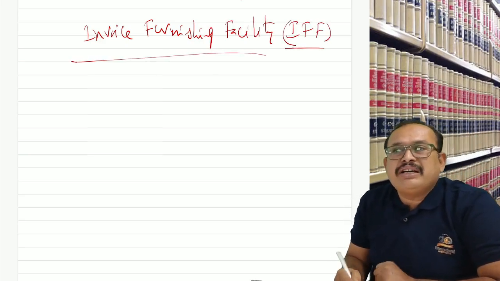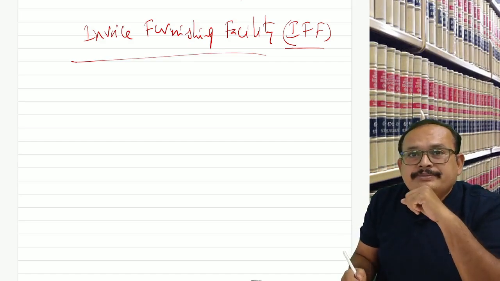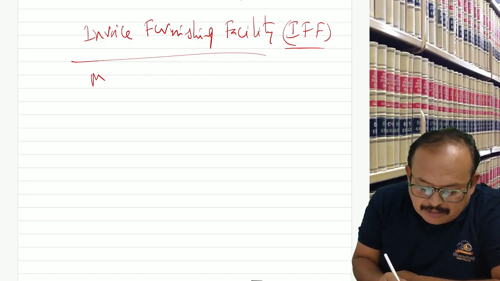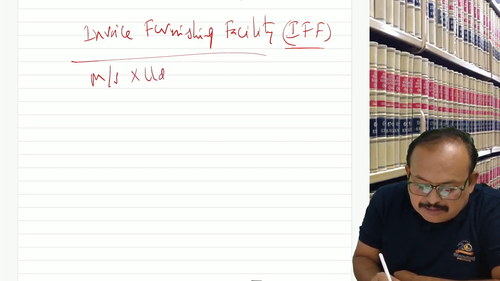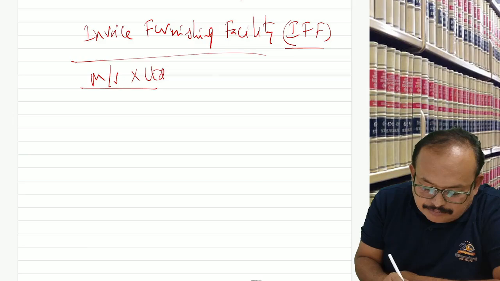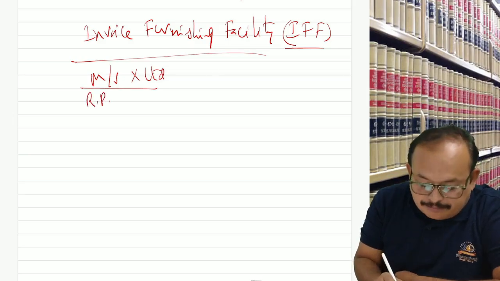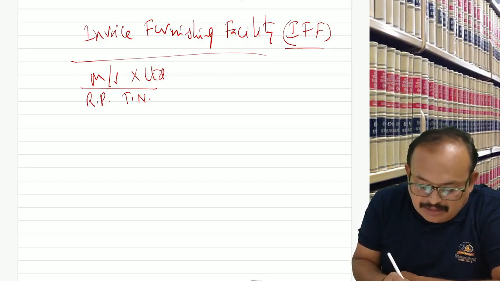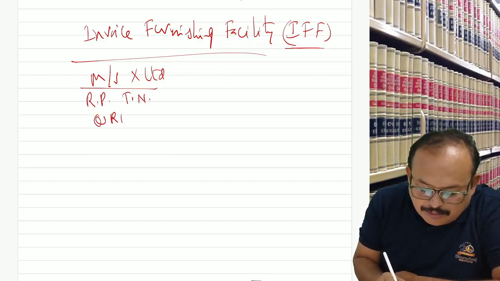Why it is introduced: see, Mrs. X Limited, registered person in Tamil Nadu. Is that clear? Under the QRMP.